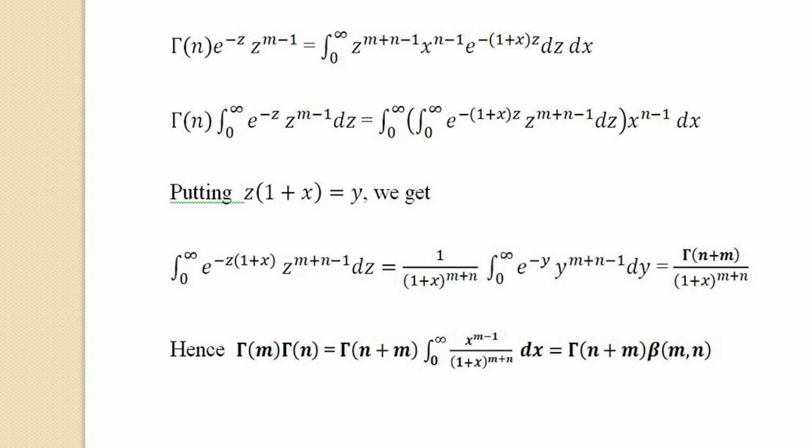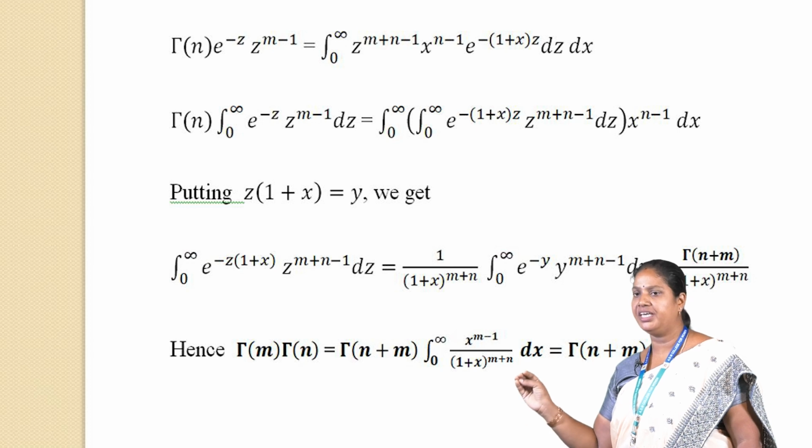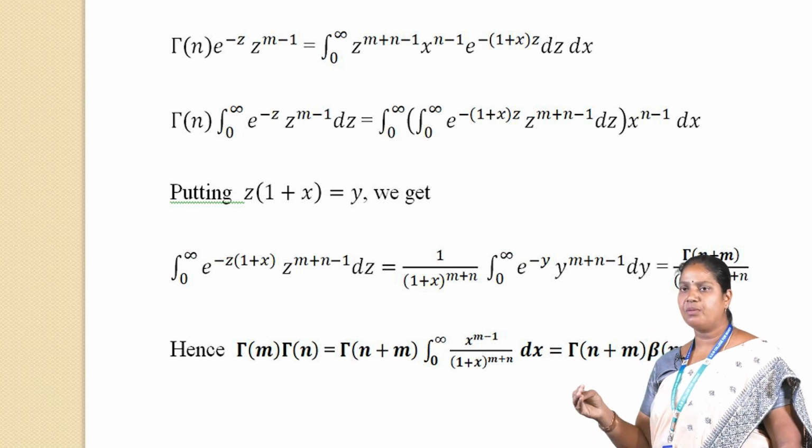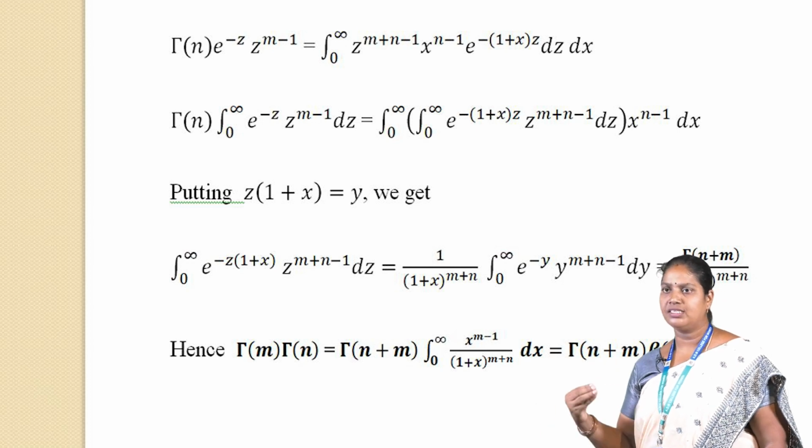So gamma of m into gamma of n is equal to gamma of n plus m into beta of m comma n. Hence beta of m comma n is equal to gamma of m into gamma of n divided by gamma of n plus m.